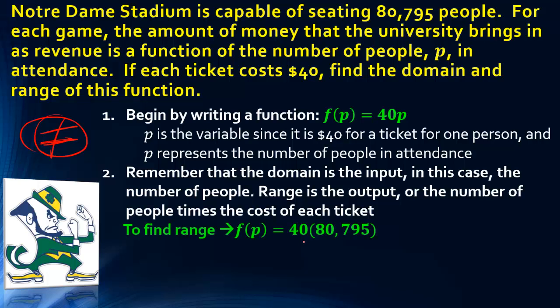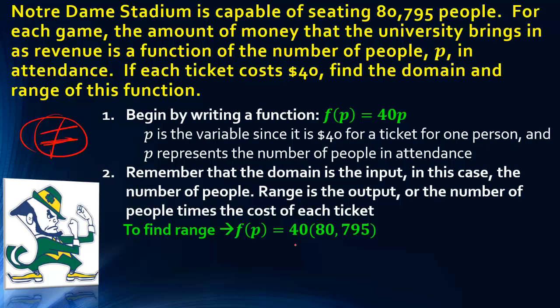So to find the range, all you have to do is take that 40 and put in the maximum number of people, 80,795. Okay, and you can't have less than 0, so we know that 0 is going to be our lowest number. I mean, you could have no one show up at the game, but you can't have a negative amount of people show up at the game.